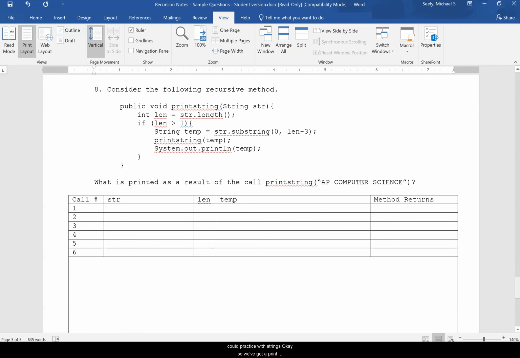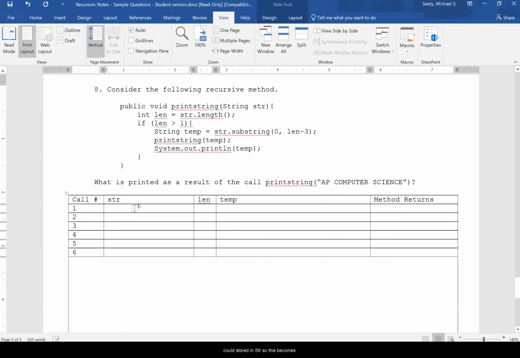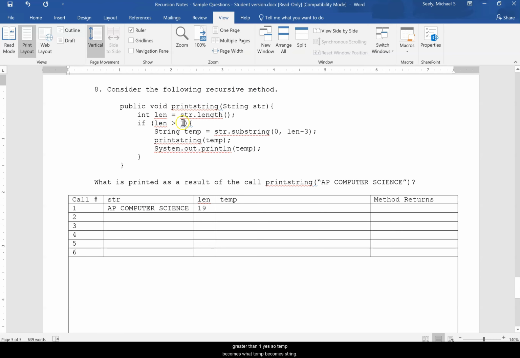okay? So we've got a print string method that passes AP Computer Science, and that gets stored in str. So this becomes AP Computer Science. So the length of this is 19. Is 19 greater than 1? Yes.